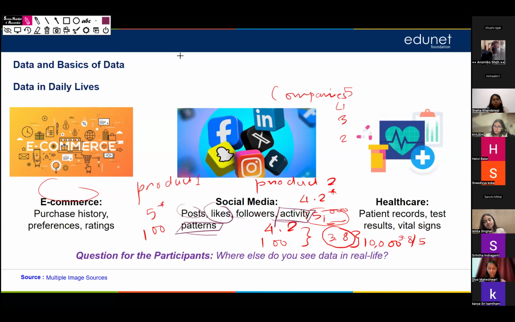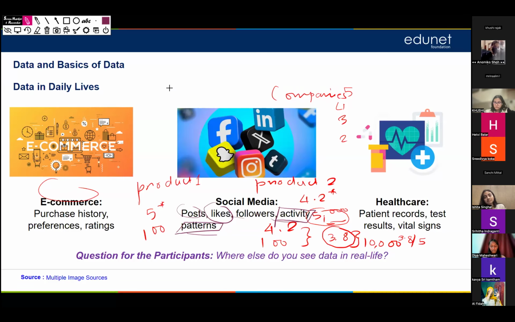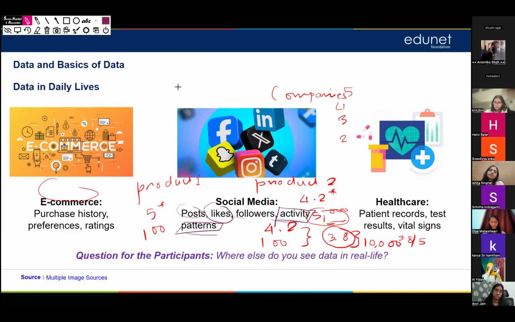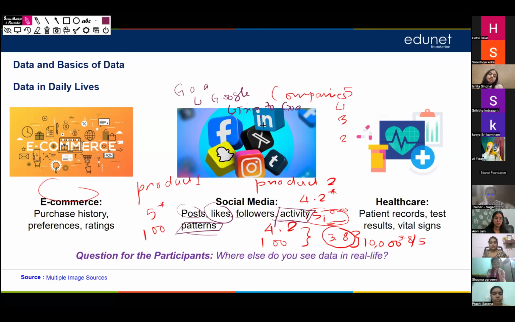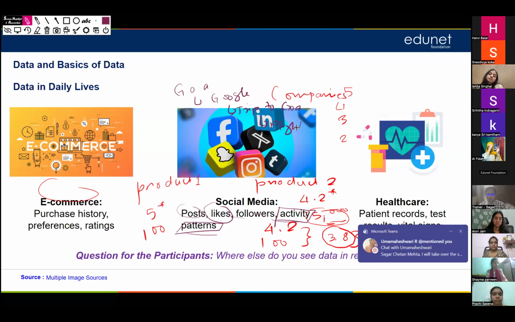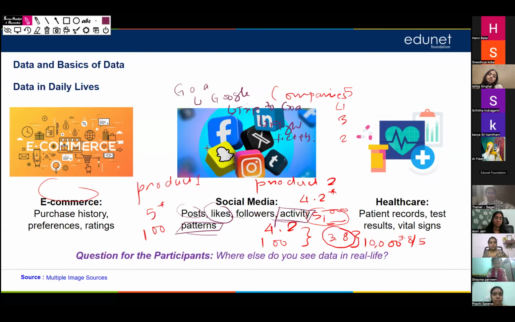Now, let's say you want to plan a trip to maybe Goa. You go to Google, you search for a trip to Goa, you search for flight tickets, etc. How many of you have realized that although you searched for Goa, you start getting ads relevant to a trip?